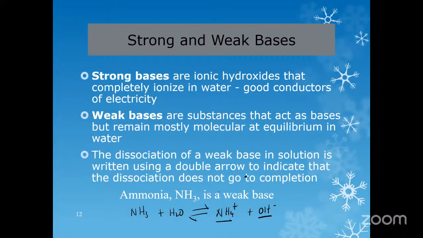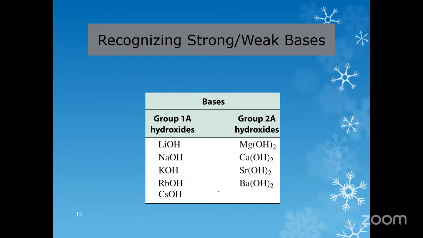Now, again, you might be asked the question, okay, how do you know which base is strong and which base is weak? Basically, this one is an easier list to memorize because these are all the hydroxides of groups 1A and 2A, right? And of course, you'll have access to your periodic tables while you're doing your test and so on. So basically, all these hydroxides are considered to be strong bases, right?